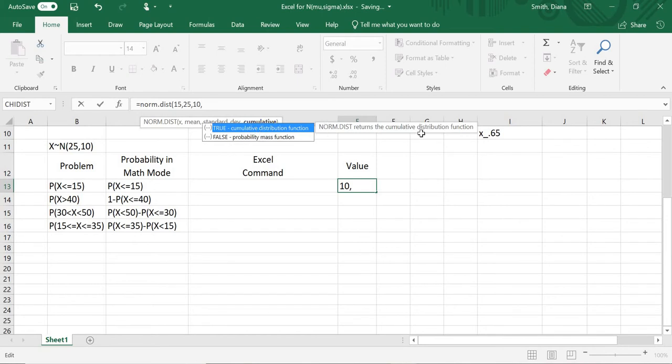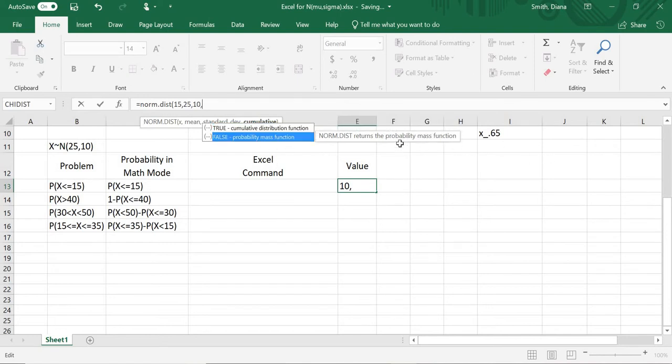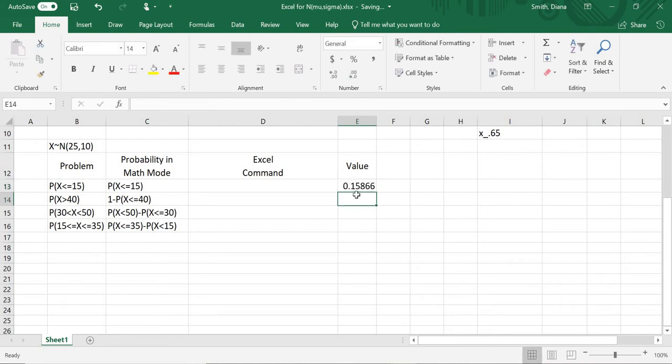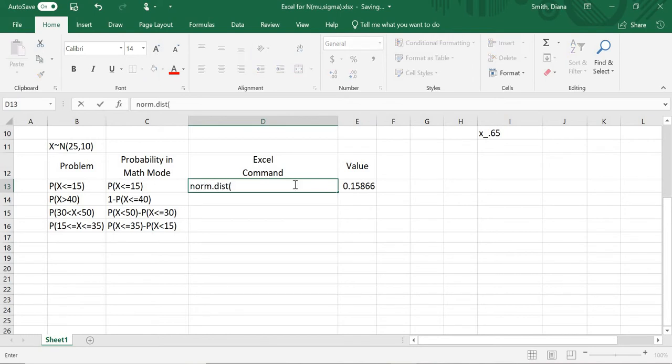True or 1 will give me the cumulative distribution from negative infinity up to 15. False will again give me the probability mass function, which is the height, which again we don't want. So I'm always going to do comma 1 at the end. Okay. Then we get about 15.9%. And again, I'll put it up here so that we see what it was.